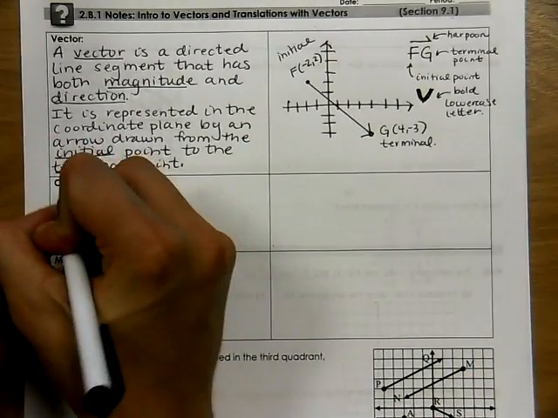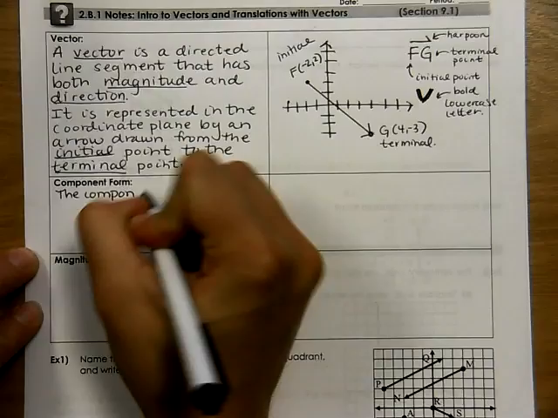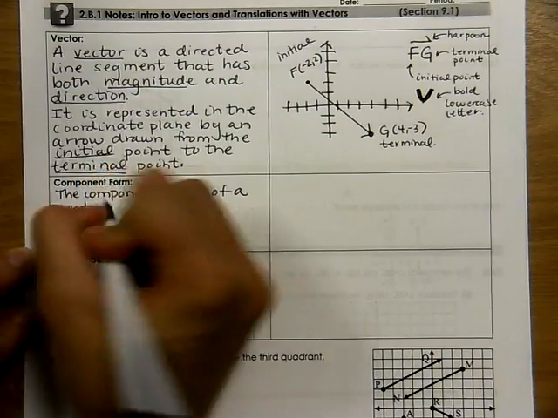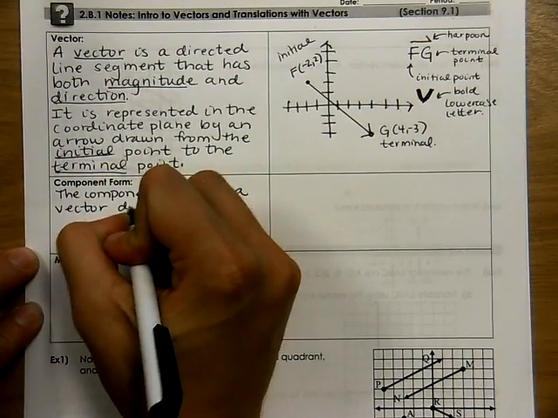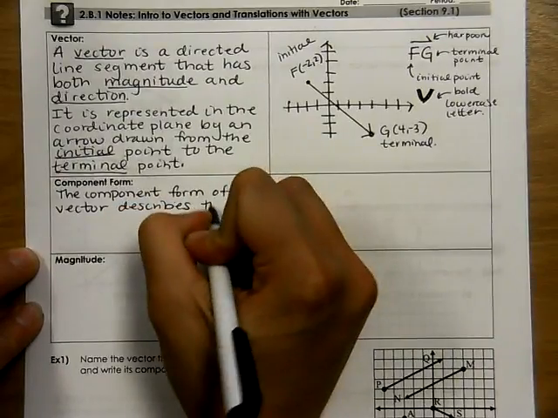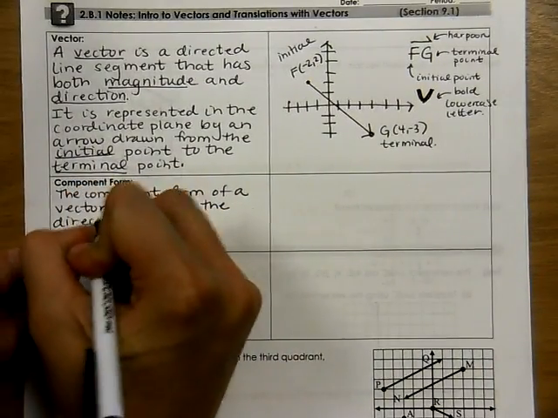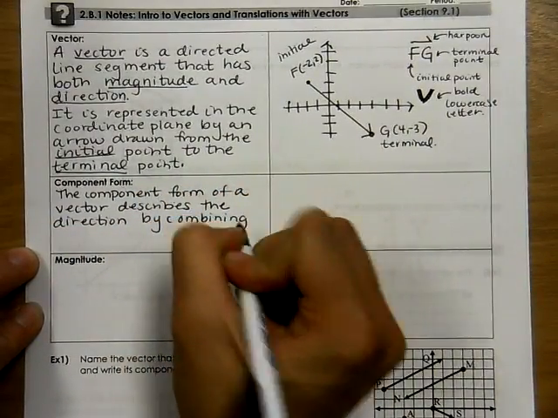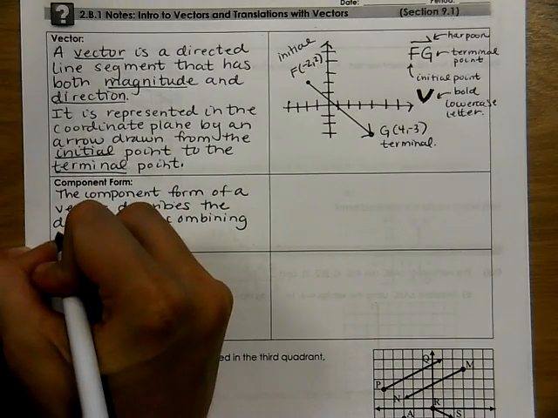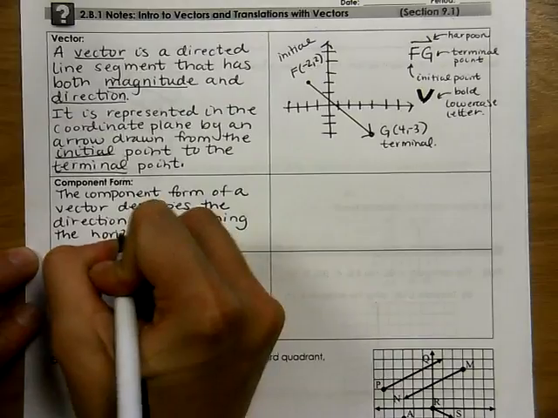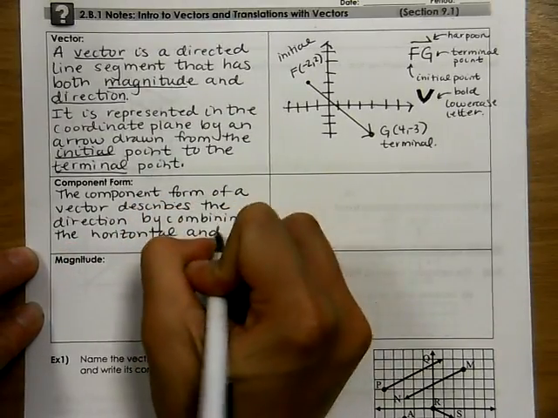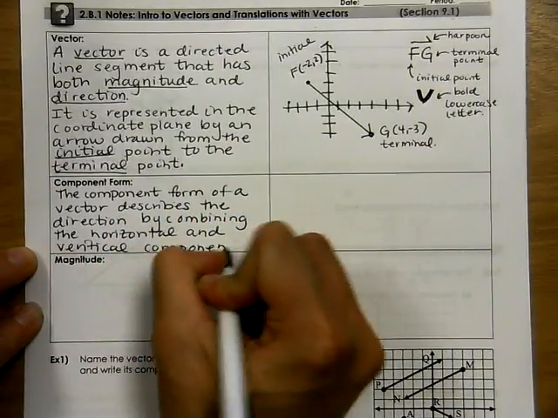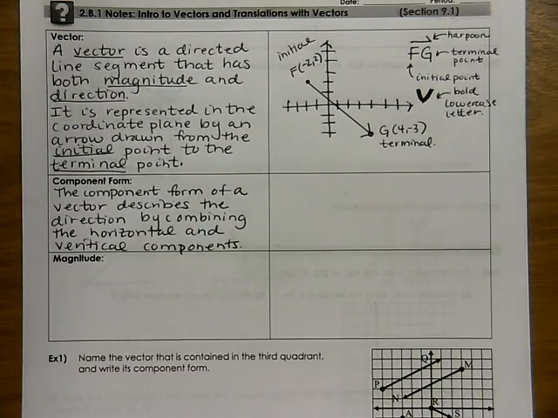The component form of a vector describes the direction by combining the horizontal and vertical components. Let's see what I mean by that.